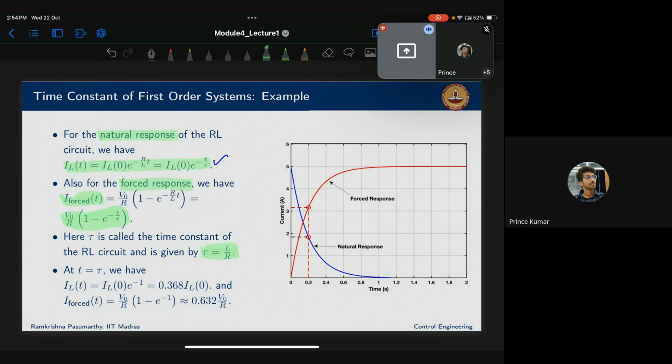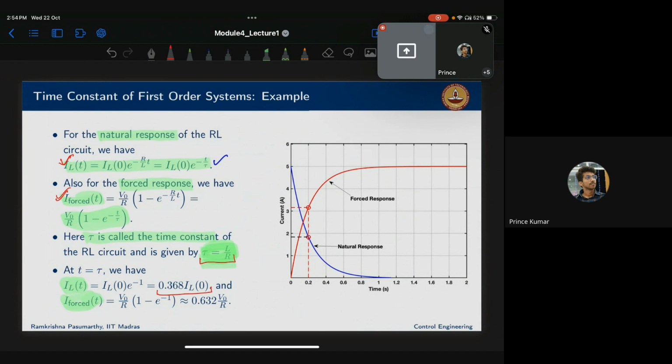Now you see in both the cases, tau is called the time constant of the circuit. So let us say you take tau as L by R and substitute in both these expressions. What you will get is the natural response is 0.368 I naught.